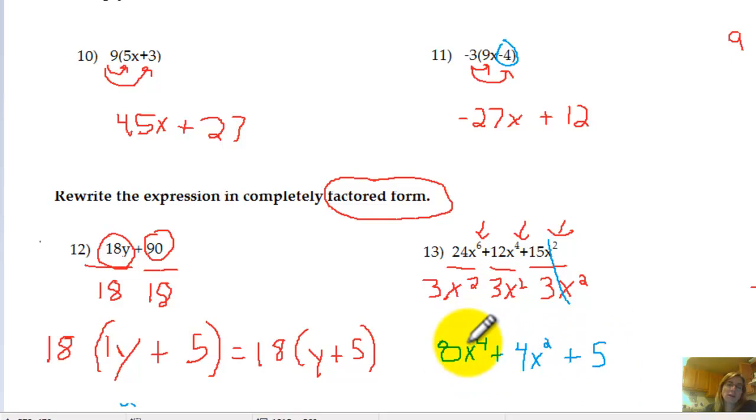You can't combine anything because these are not like terms. But remember that you multiply this by whatever you divided here on the bottom. So that's 3x squared. And so now your factors are 3x squared times this entire expression. And when you do the distributive property, you should get back this expression.